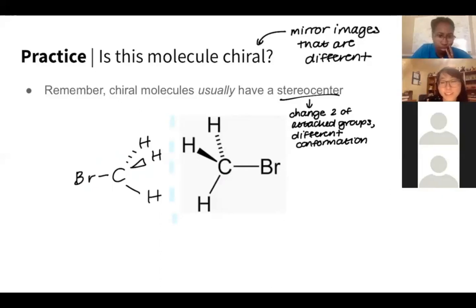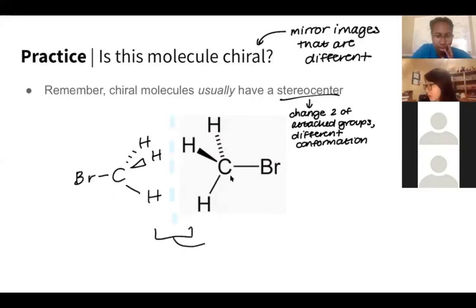I actually cannot see the chat, but hopefully someone got it. If not, that's totally fine. Basically, these two molecules are going to be the same.